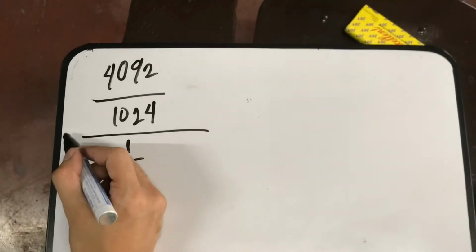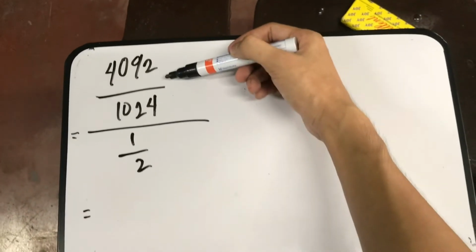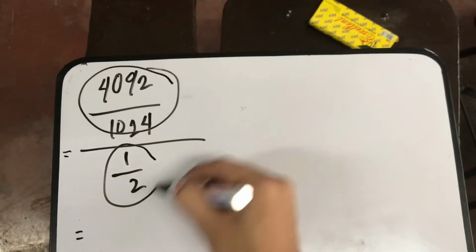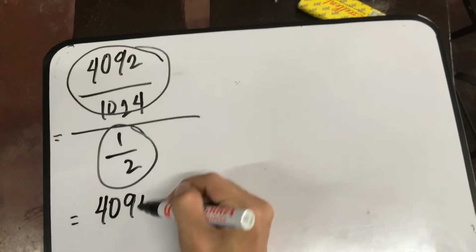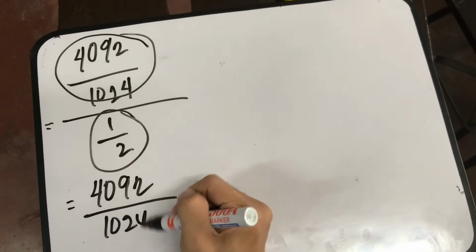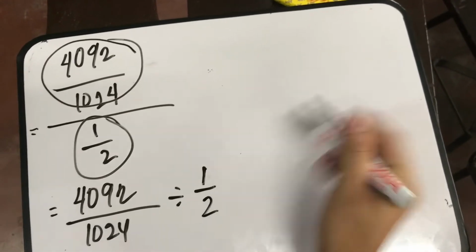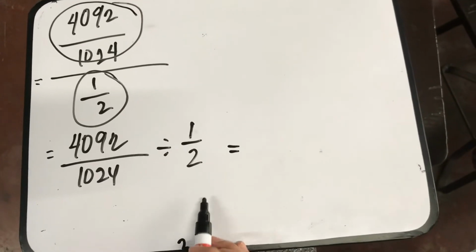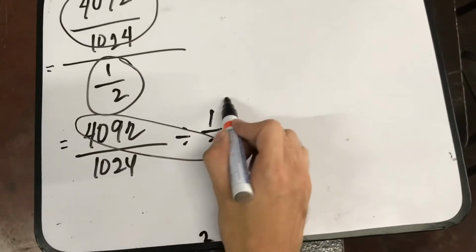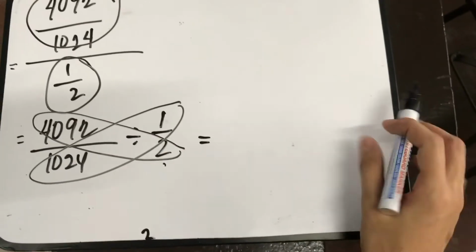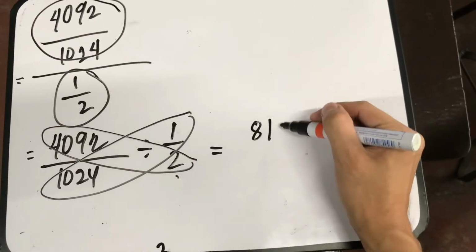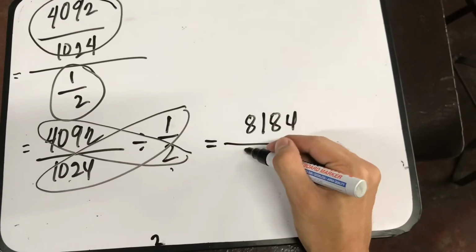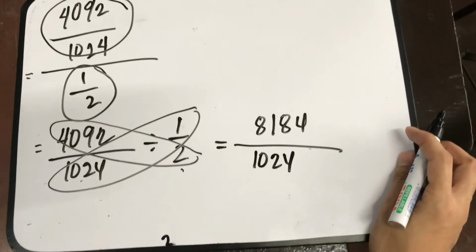Okay, so let's continue. Kapag ganito ang inyong nakikitang mga problem, ang gawin nyo, paghiwalayin nyo sila. Gawin natin 4,092 over 1,024 divided by 1/2 para mas madali. So, ganun ulit yung rule natin sa dividing fraction, cross multiplication lang. 4,092 times 2, that is 8,184, over 1,024 times 1, that is 1,024.